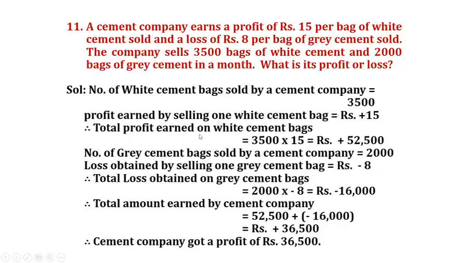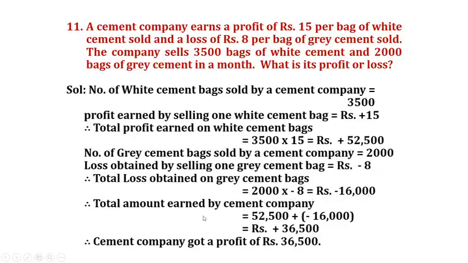So what will be the profit got by the cement company by white cement bags? 3,500 into plus 15 is equal to plus 52,500 rupees profit they got. Next, number of grey cement bags sold by the cement company is 2,000 only, and the loss obtained by selling the grey cement bag, I am writing it as negative sign, is minus 8 rupees. So loss obtained on grey cement bags is equal to 2,000 into minus 8, which is minus 16,000.